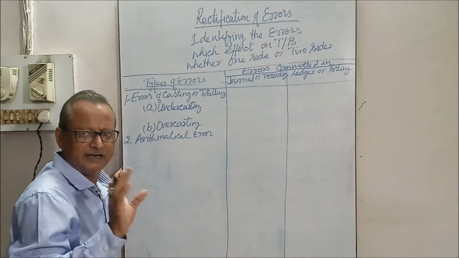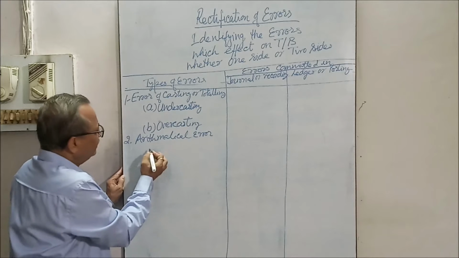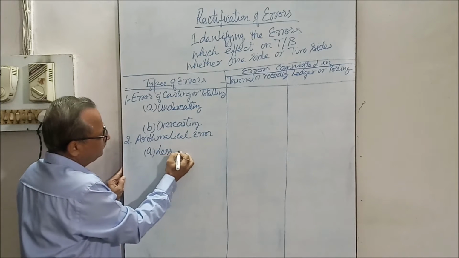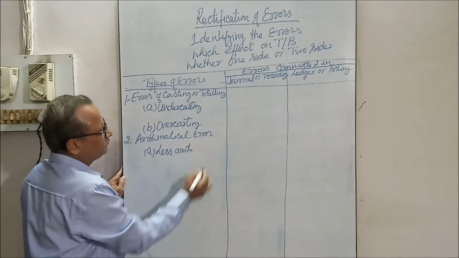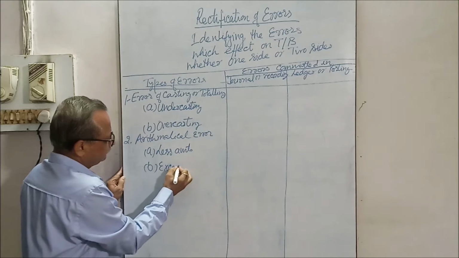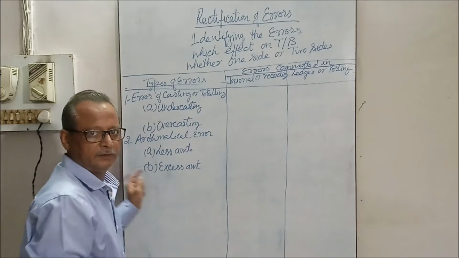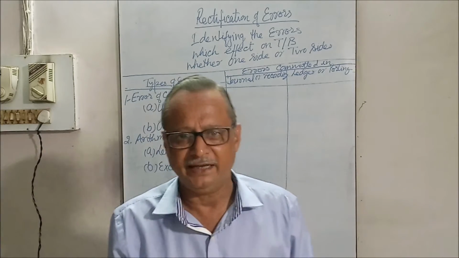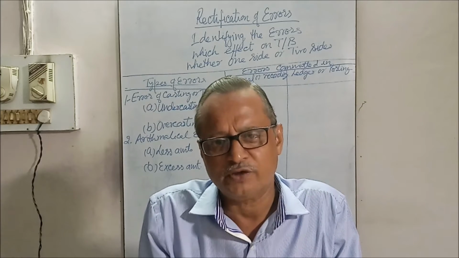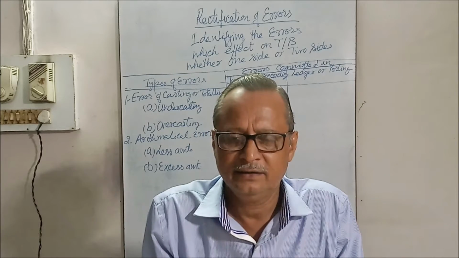It is generally committed, it is a human error. That may be a less amount or an excess amount. If you wanted to write 540, either you have written 450 or wrongly it is mentioned as 5040 or 5400. It is an excess amount being written.